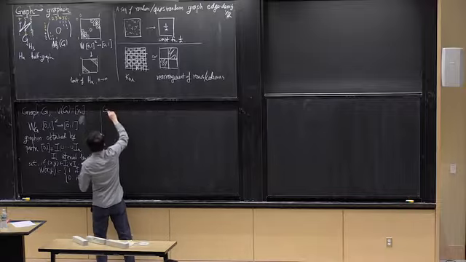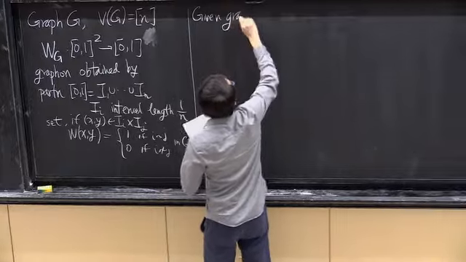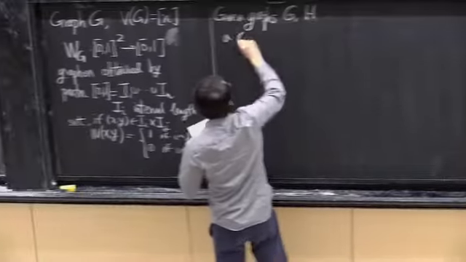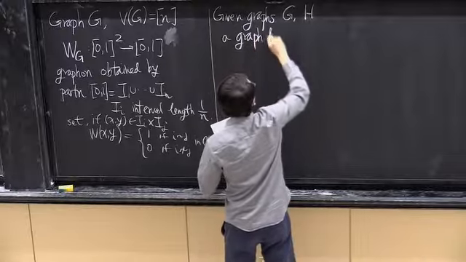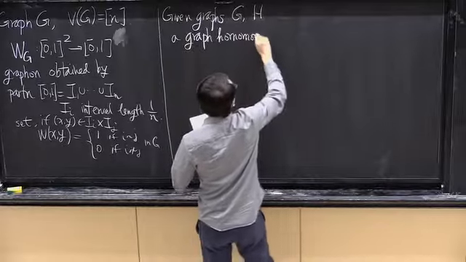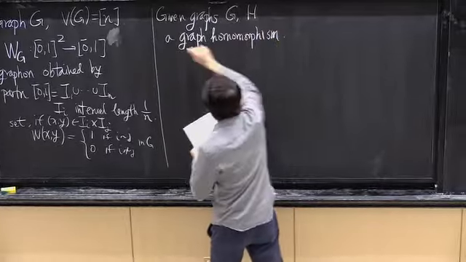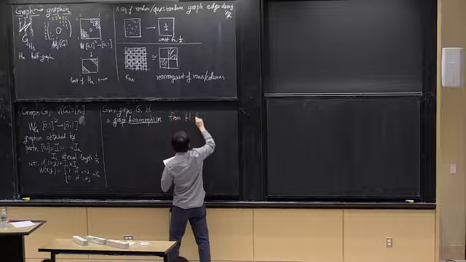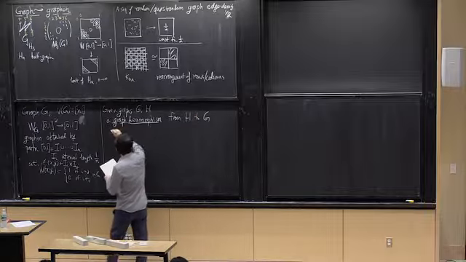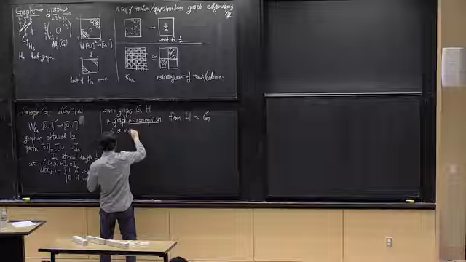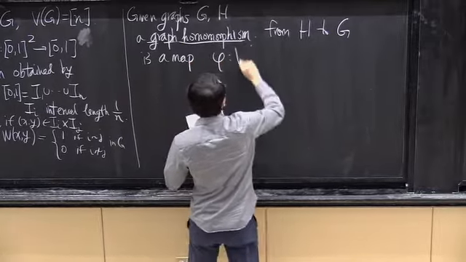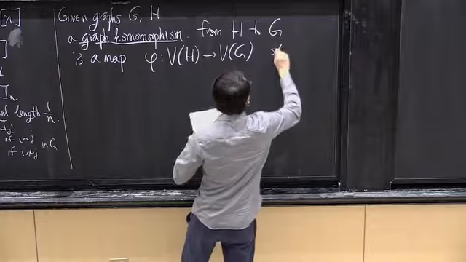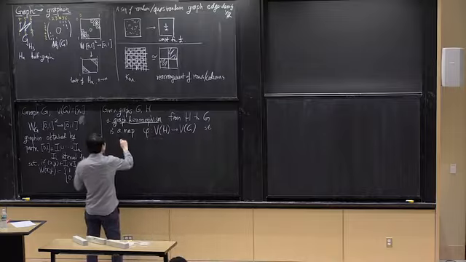So given two graphs, G and H, we say that a graph homomorphism from G to H is a map of their vertex sets such that the edges are preserved.